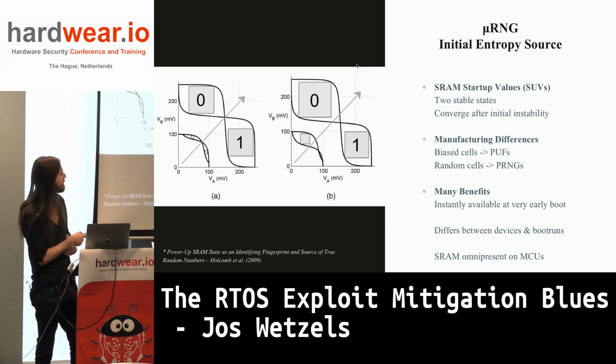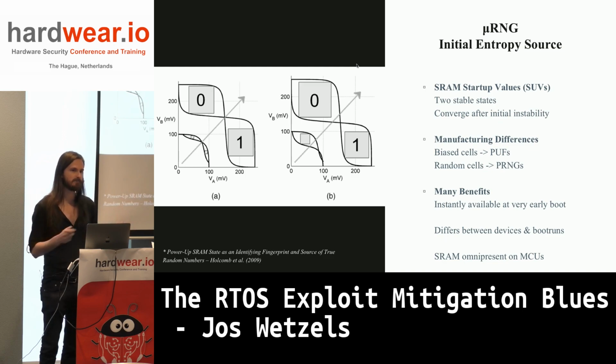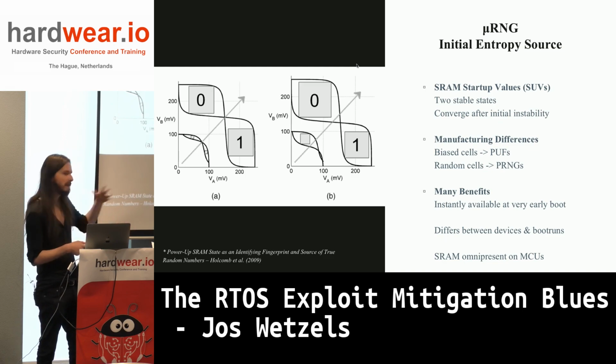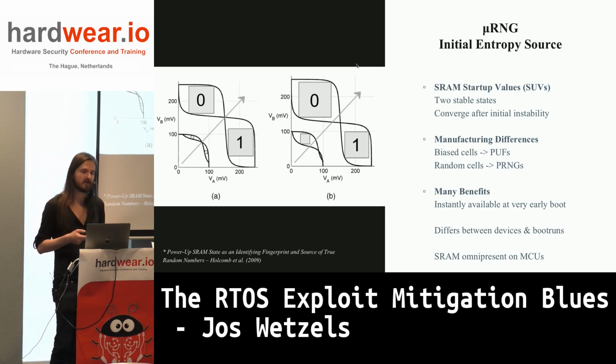This property is commonly used in what are called physically unclonable functions. If you want to get a fingerprint that is device unique, you basically take the SRAM cell and you get this PUF fingerprint, and there you have it. The converse property is that there are some other cells which do not have this manufacturing difference, or where it's not significant enough.